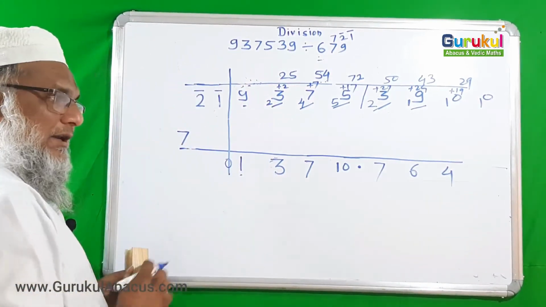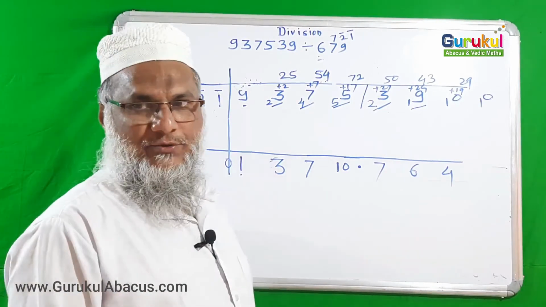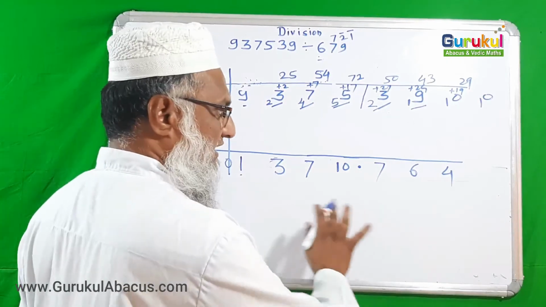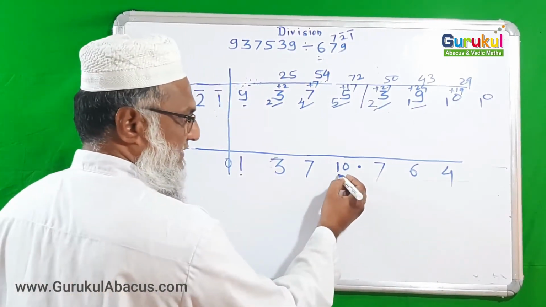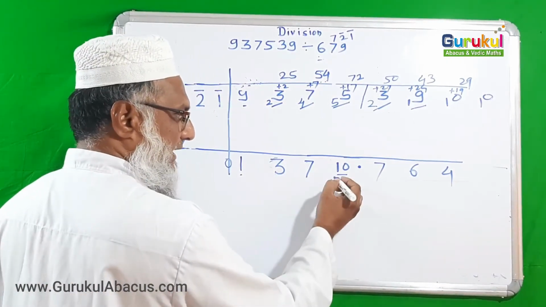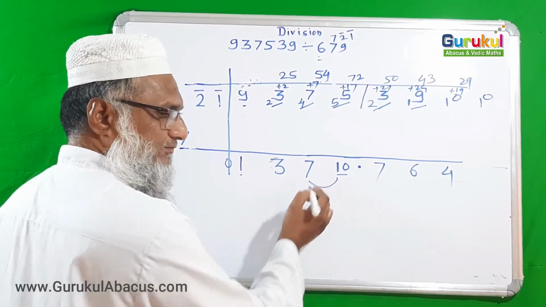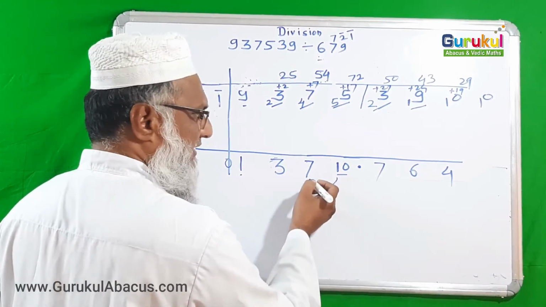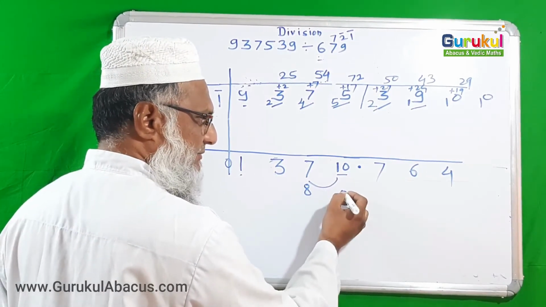So here a little change you should firstly observe in the answer. While writing in the decimal form, here is 10, so from 10 you are taking 1 here, from 10 you are taking 1 here, so in the 7 you are adding 1, so it is becoming 8 and here is remaining 0.